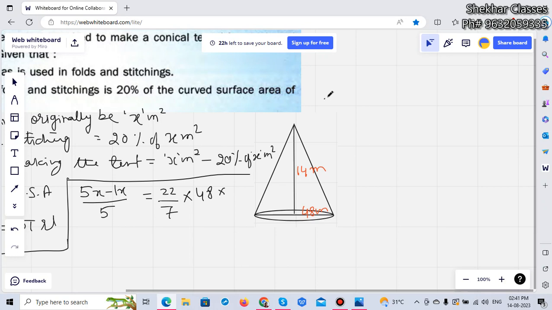So we know that L is equal to under root of 14 square plus 48 square. So 14 square is how much? 196. And 48 square is how much? 2304.